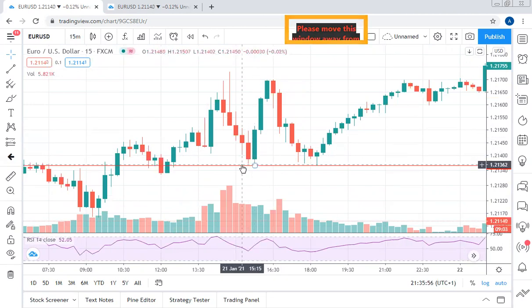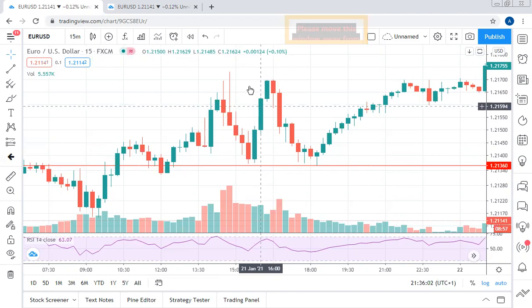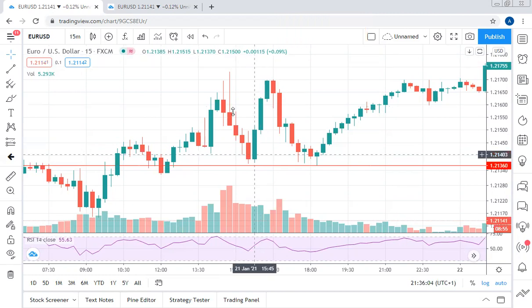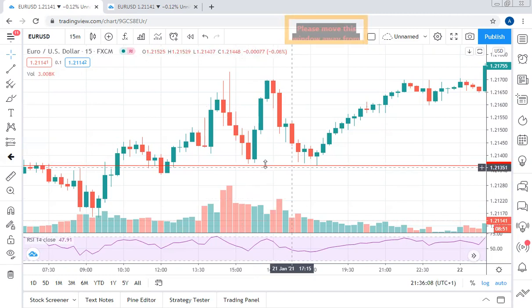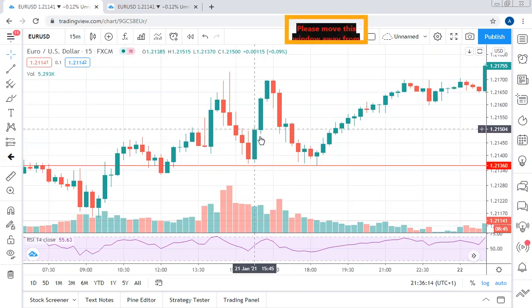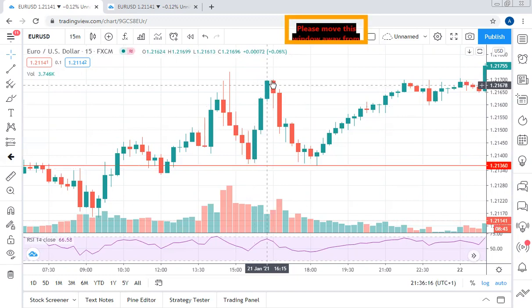A tweezer bottom, like I said of a tweezer top: at the supply zone, you see two candles and the wicks will be of the same length. Also, at the demand zone, you see candles and the wicks will be of the same length. It's a tweezer bottom and a bullish engulfing, and the market bought for a while.